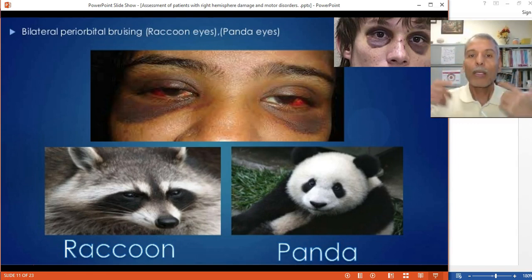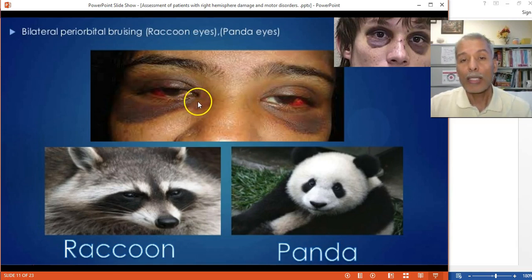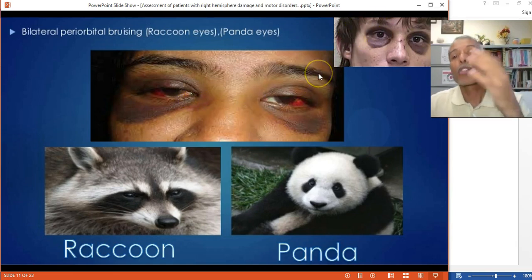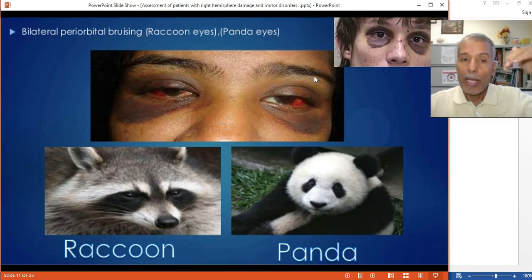The typical sign of a basilar skull fracture is panda eyes or raccoon eyes, where the cerebrospinal fluid leaks out of the brain into the area around the eye and mixes with the blood, causing that coloration.